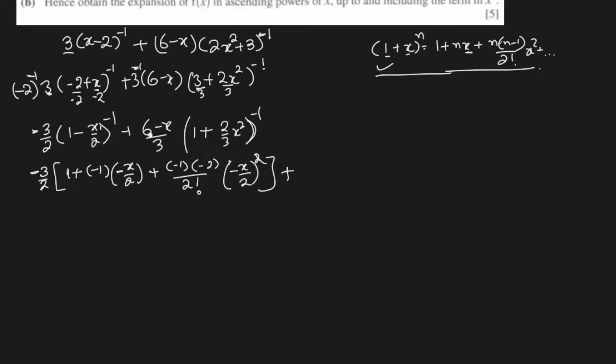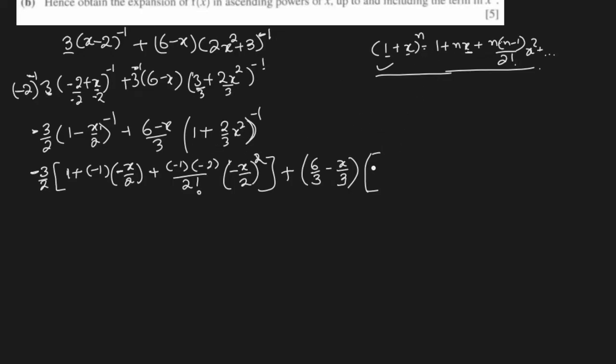Plus, okay, 6 minus x over 3. Let's separate them so that they don't confuse with each other. So I'll separate these two: 6 over 3 and minus x over 3, separated so that we can multiply them individually, and we need to expand this also.